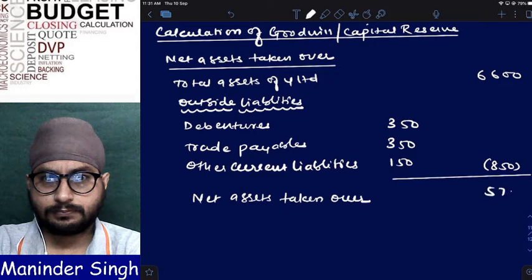Clear? 5750. Now tell me, what should I compare the net assets with to know whether it is goodwill or capital reserve? I should compare with the purchase consideration, right?